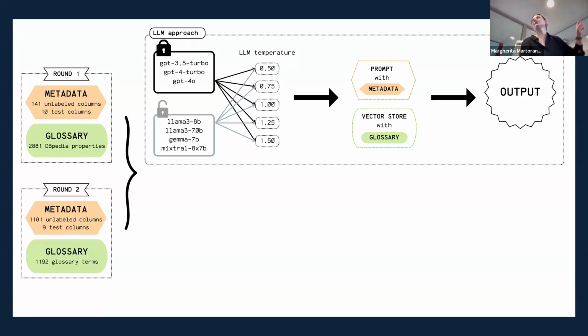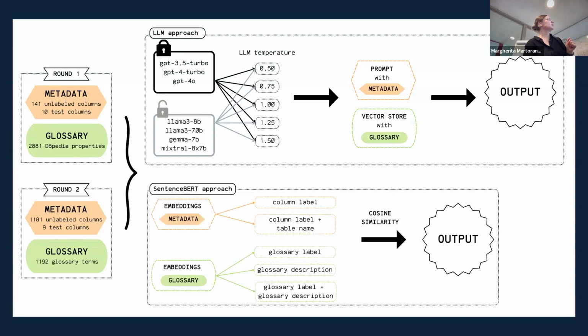We were basically asking the LLM: this is your metadata, you have the glossary in your vector store, what's the annotation? We also did a more traditional approach with SentenceBERT, where we embedded the metadata and the glossary, and then computed the cosine similarity between the embeddings. We compared the output.